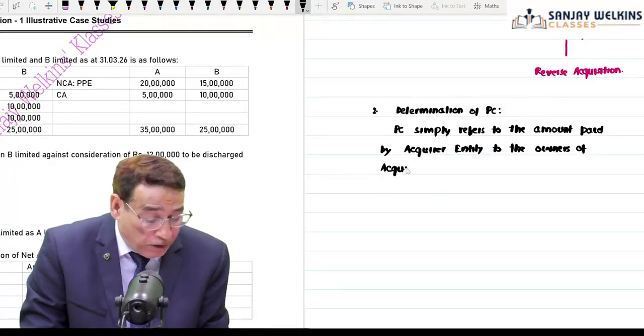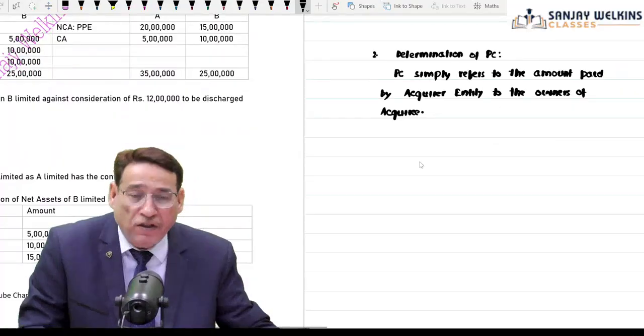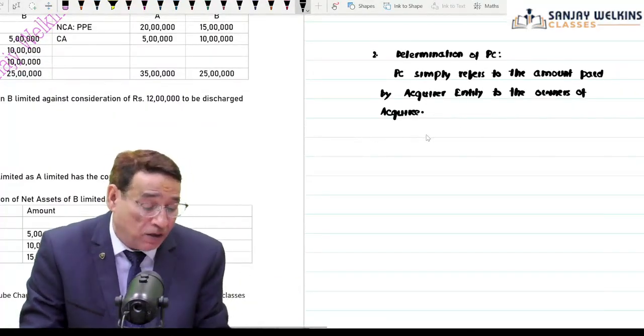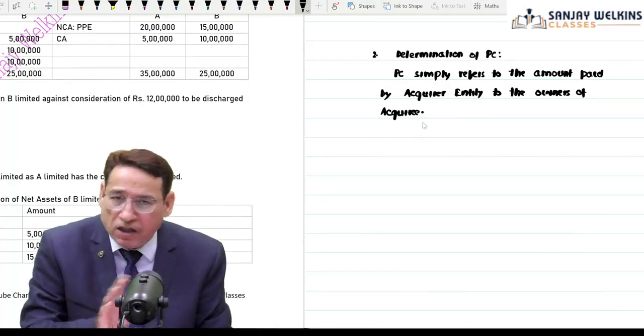This is what we mean by purchase consideration. Because against acquisition of some stake in the acquiree entity, you will have to make some payment, that is known as purchase consideration. Honestly speaking, the amount of purchase consideration is generally given in the question.